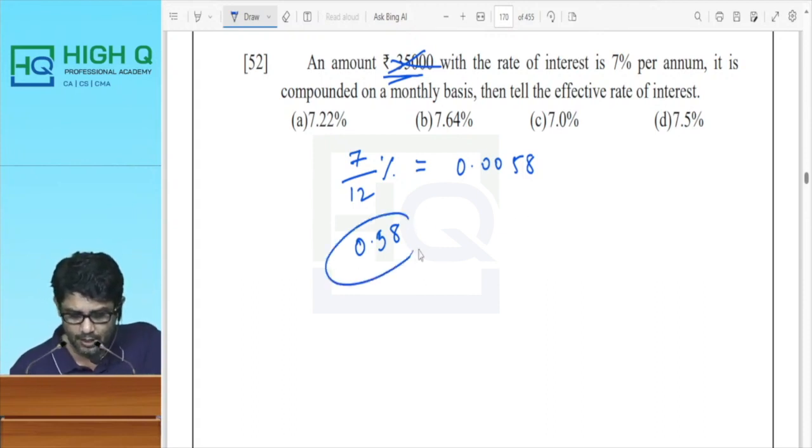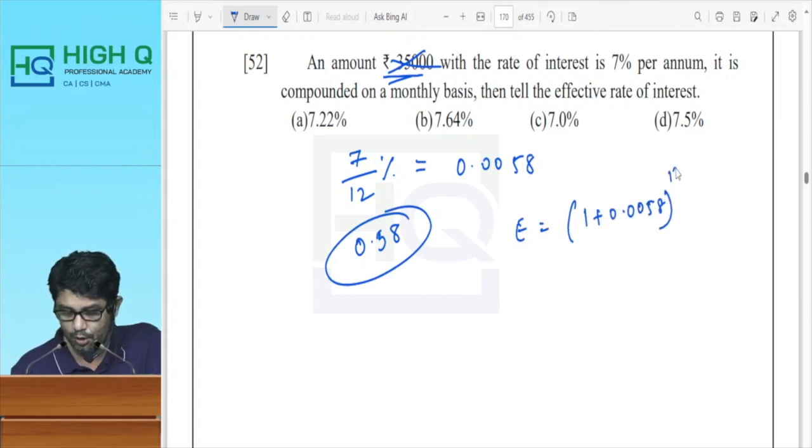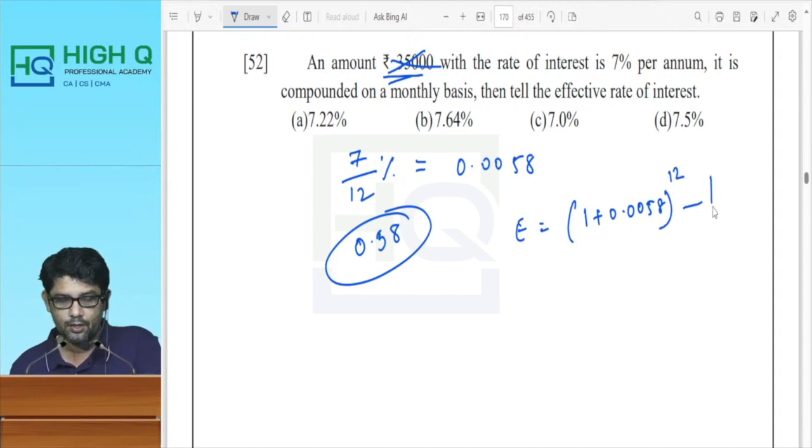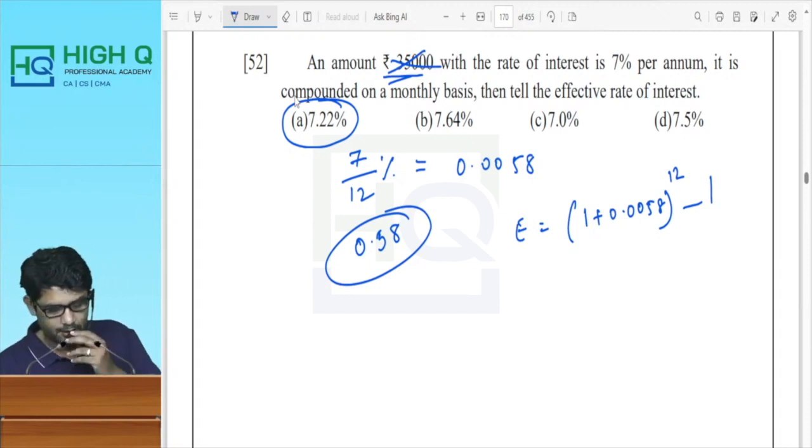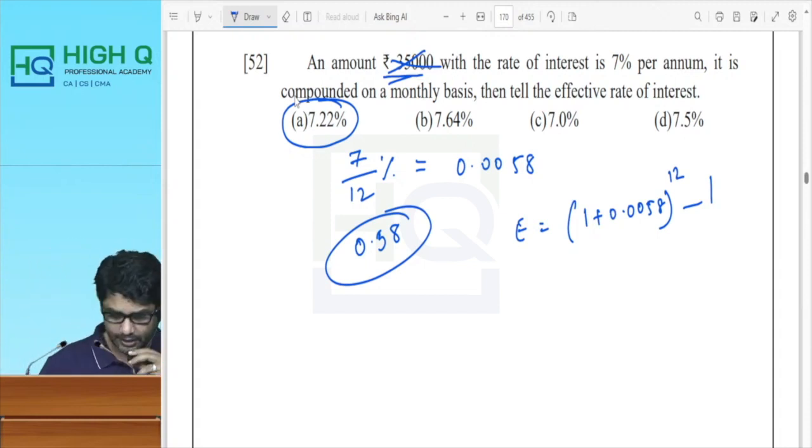Either do like this or use the effective rate of interest formula: 1 plus 0.0058 whole power 12 minus 1. We are getting answer 7.22%. Am I right, my dear? Is that right? 7.22%.